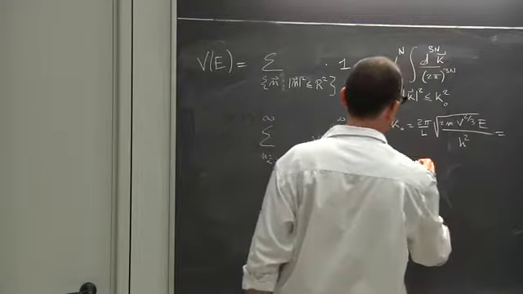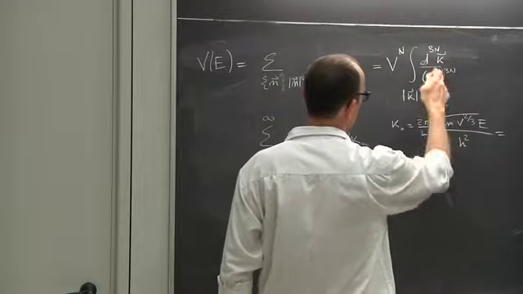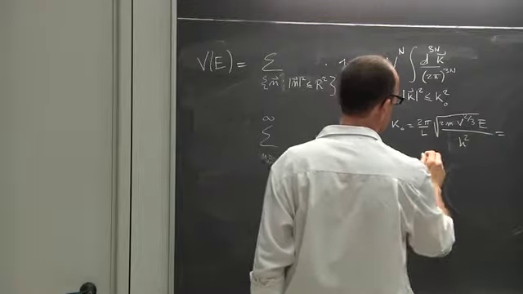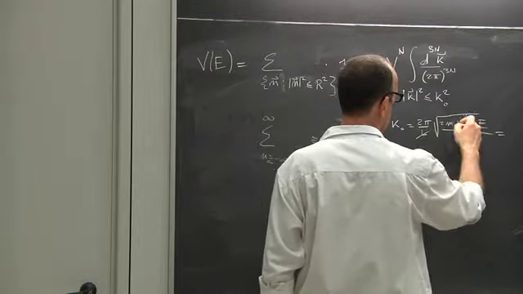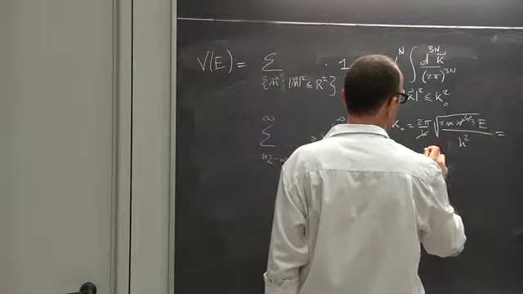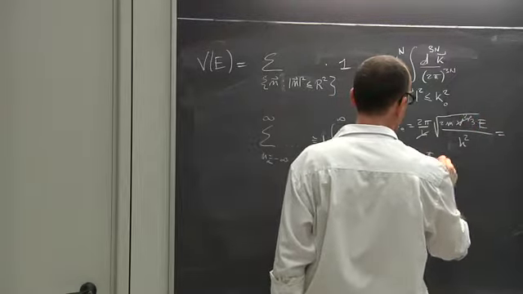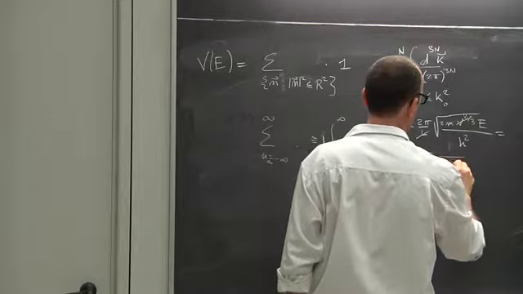Okay, and so the radius of this sphere will be, well, this L is just v to the 1/3, so these two things cancel. So it's just 2 pi over h square root of 2m e.